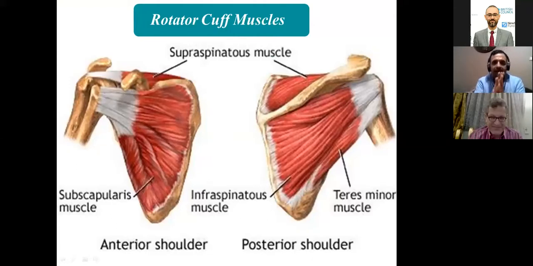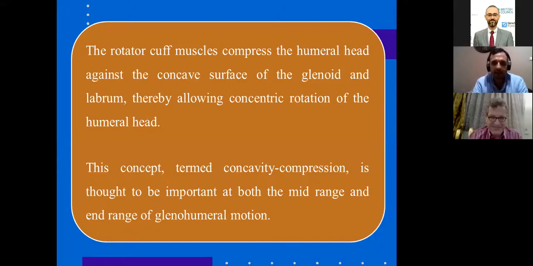The rotator cuff muscle compresses the humeral head against the concave surface of the glenoid and the labrum, thereby allowing the concentric rotation of the humeral head. So the rotator cuff acts as a stopper for elevation, and then the deltoid acts as elevator. This concept, termed concavity compression, is thought to be important at both the mid-range and end range of glenohumeral motion.